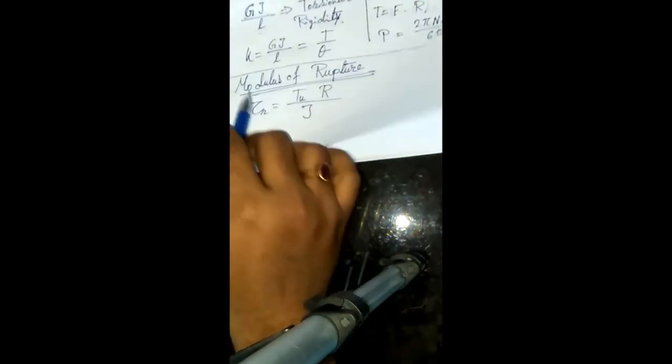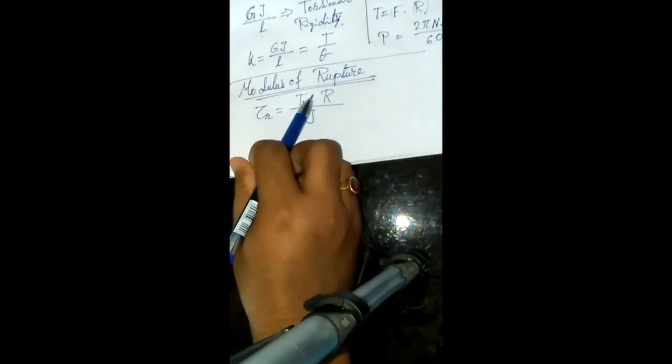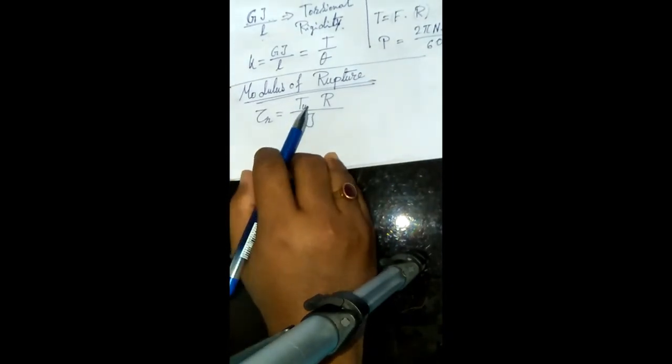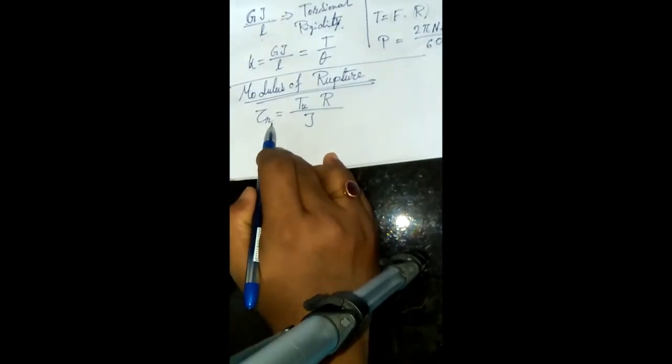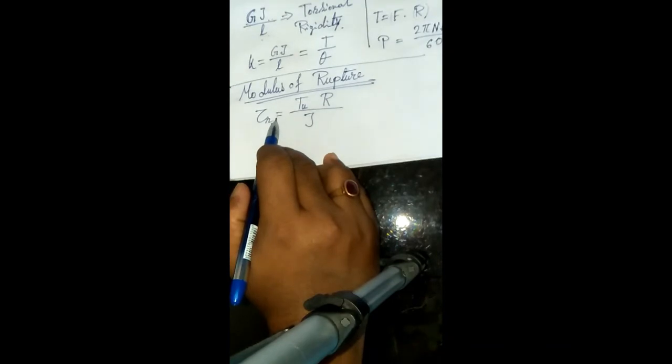Modulus of rupture. What is modulus of rupture? The maximum fictitious shear stress calculated by the torsion formula, using the experimentally found maximum torque required to rupture the shaft, is called the modulus of rupture.